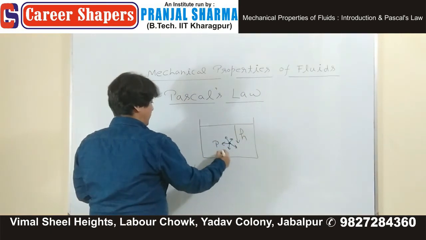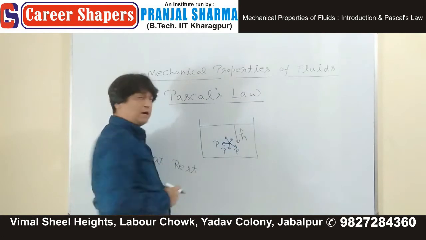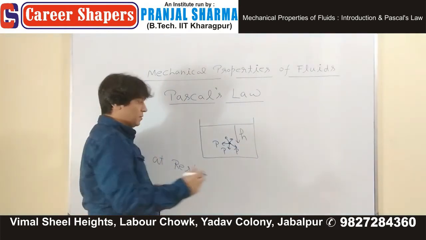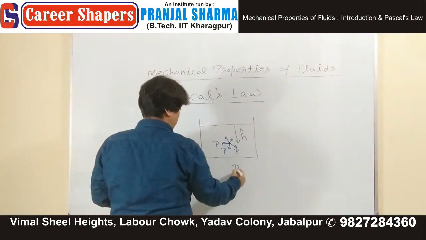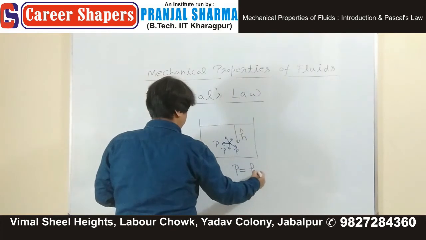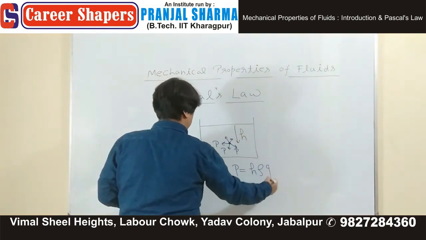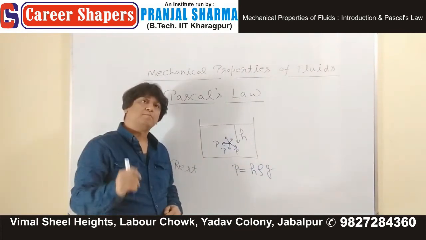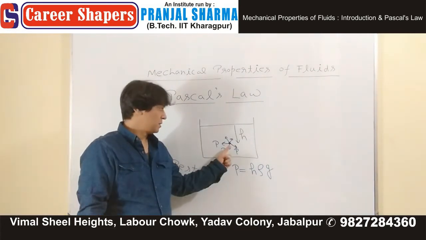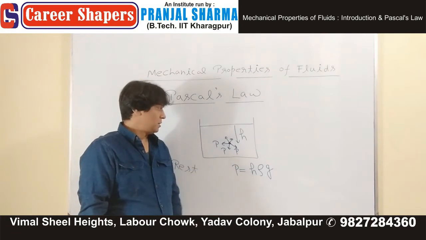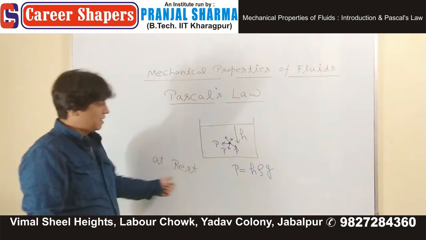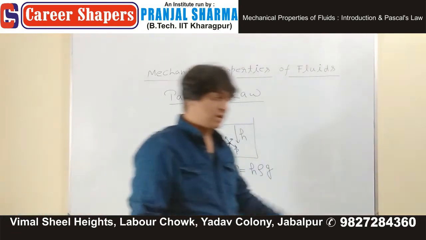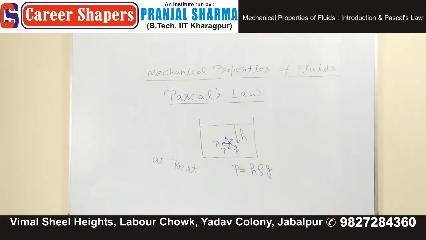If you go and measure pressure in any direction, then that pressure will be H rho G only. It will be same everywhere. Draw the figure, write down at rest, and then we'll write a statement, and then I will prove this thing also.